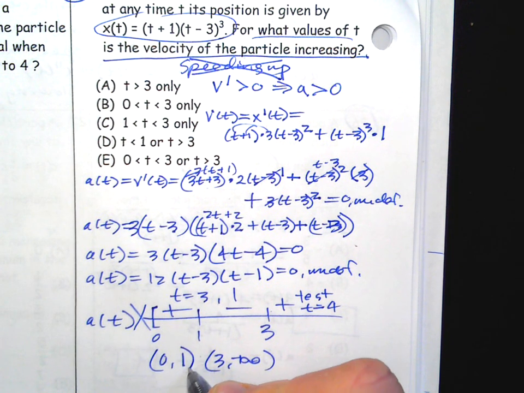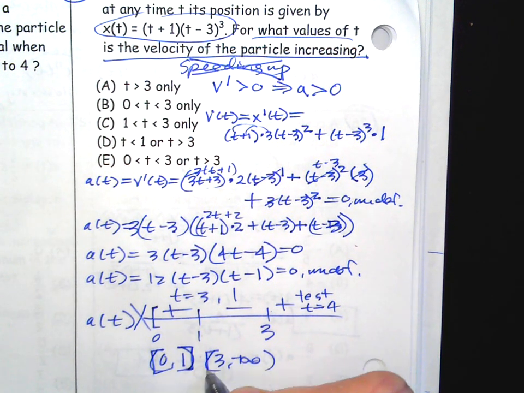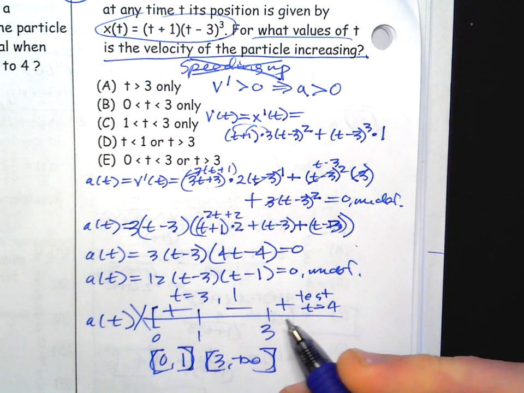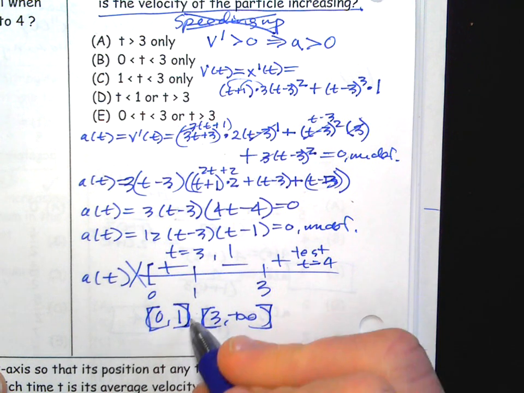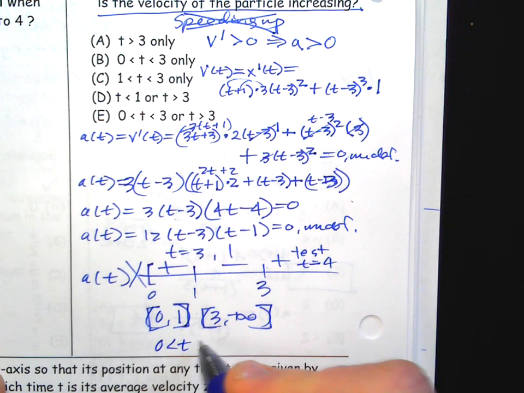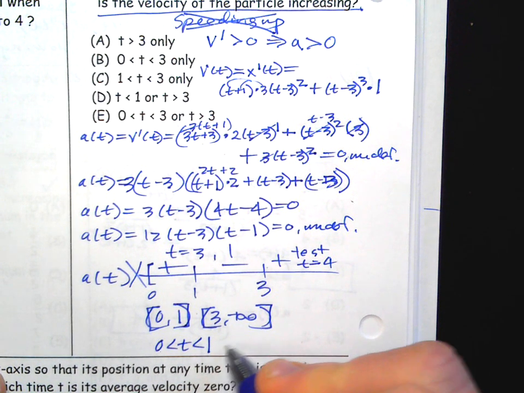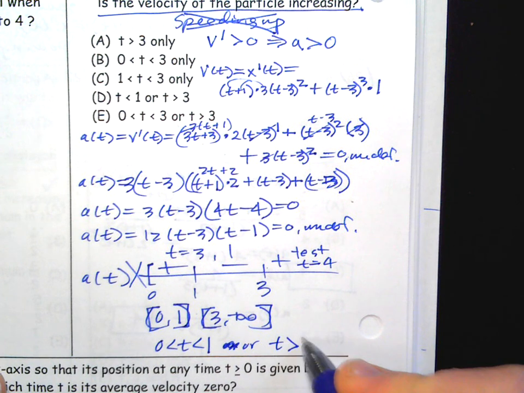Now, the velocity is increasing, so we usually include endpoints whenever we say something's increasing. Acceleration we wouldn't include, but since we're saying the velocity is increasing, we include the endpoints. Another way to say this would be that t is between 0 and 1, or t is bigger than or equal to 3.